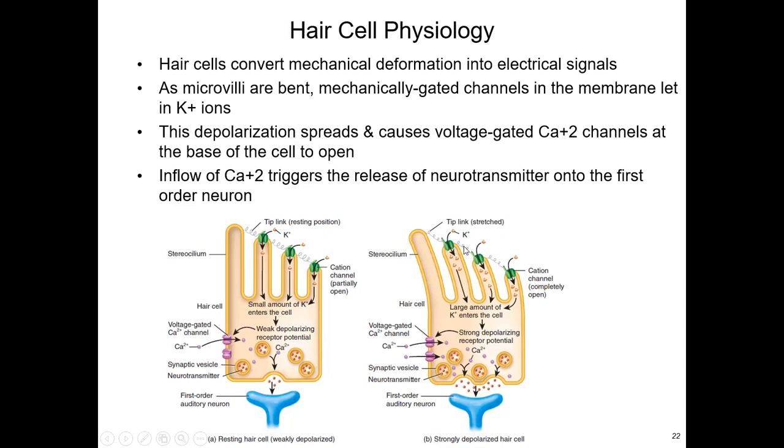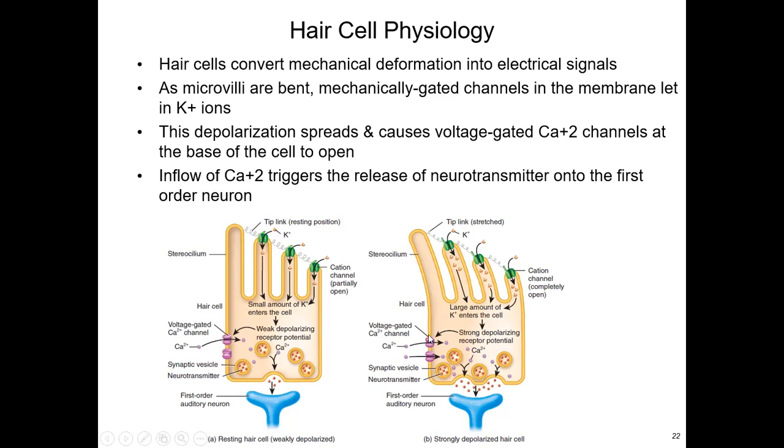And so once these green potassium channels are open, potassium ions, which are highly enriched in the endolymph around the hair cells, will rush in. So the channel opens for the potassium ions, and they rush into the cell.